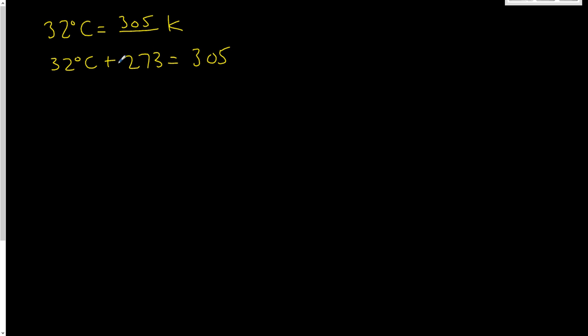Now, one thing to note here: Celsius and Kelvin do have a 1-to-1 ratio. For every Celsius that you increase or decrease, your Kelvin is going to do the same, increase or decrease. So here's a little sidetrack: absolute 0, which is 0 Kelvin, is minus 273.